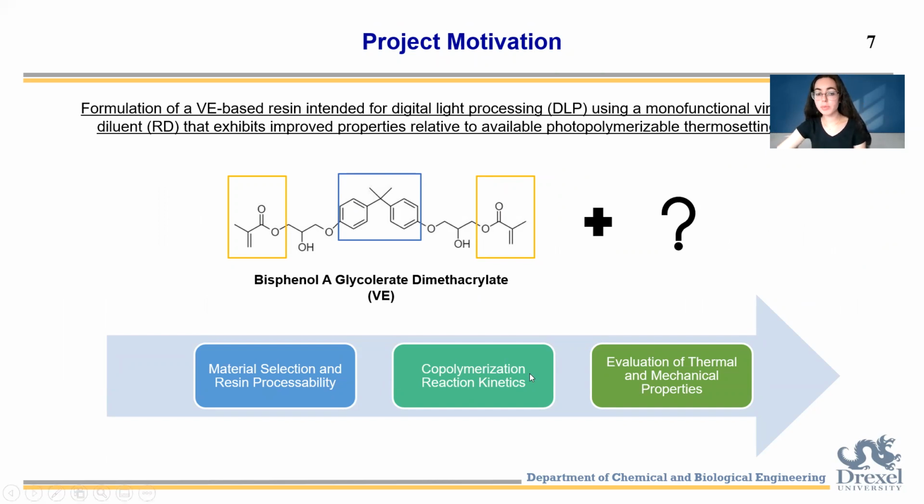To begin this process, I look at material selection. Why are we choosing these materials? And resin processability, determining whether or not these diluents make processable systems before even printing anything and testing it. Following this, we study the copolymerization reaction kinetics and determining how the copolymer network is formed between these two components and what the composition of that is, what it might look like.